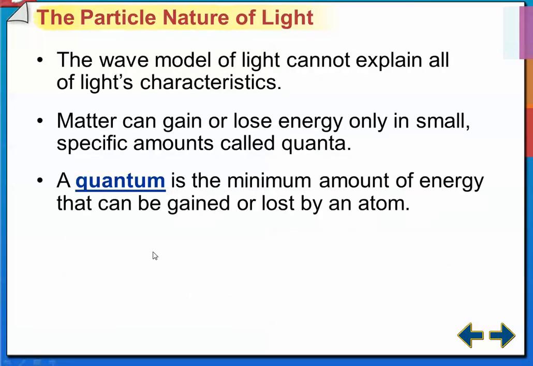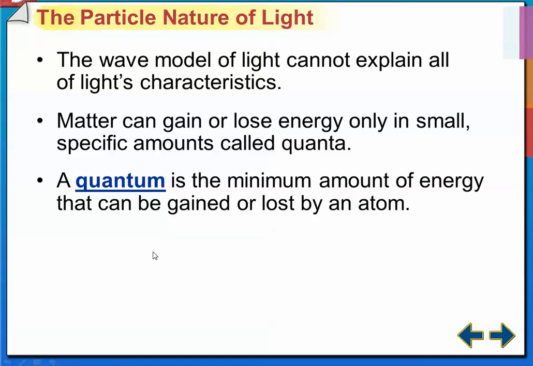Okay, so light also has a particle nature. It acts like a particle, not just like a wave. Max Planck, and then Einstein, discovered that matter can only be gained or lost in small specific amounts called quanta. A quantum is the minimal amount of energy that can be gained or lost by an atom.